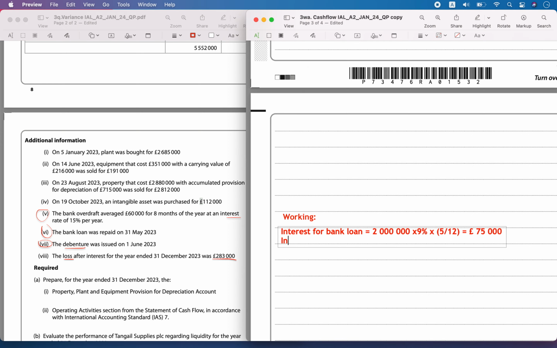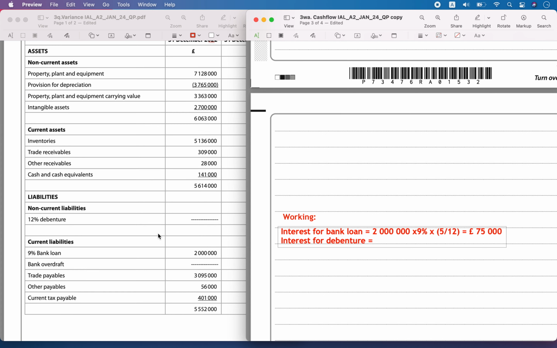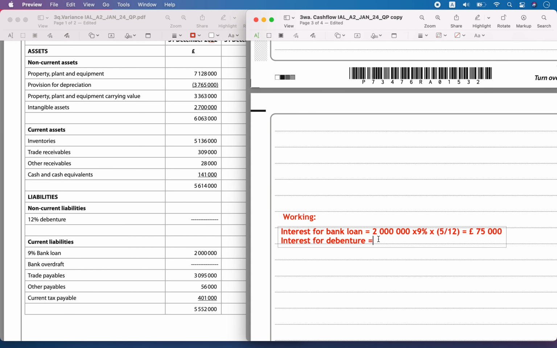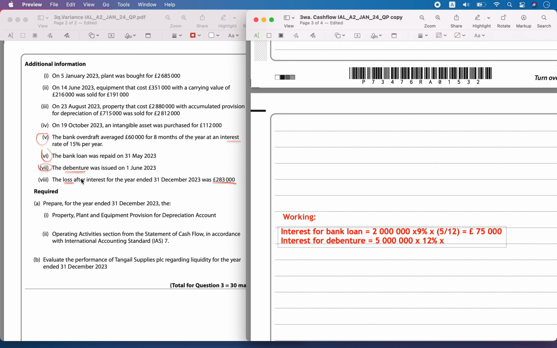And then we have to calculate the interest paid for the debenture. We can see that the debenture loan was 5 million at 12% interest.